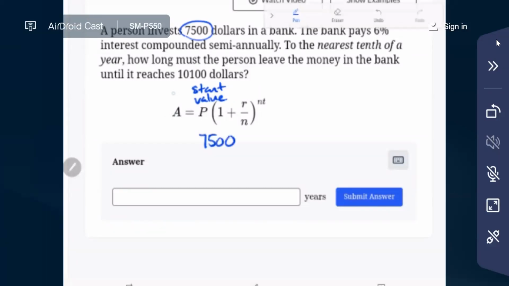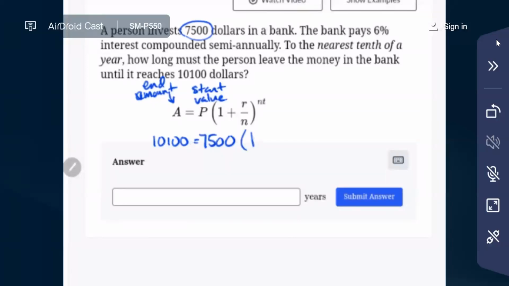And then we have this end amount. So this is after we apply interest and wait a whole bunch of years, what's our end value going to be? In this case, it says it's 10100 equals 7,500. All right, let's keep going.